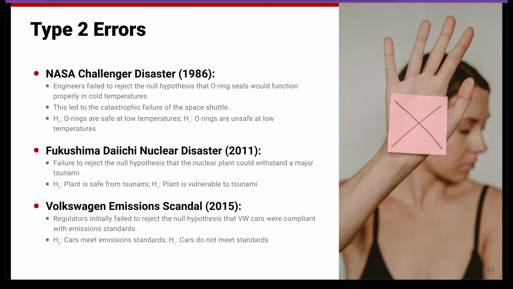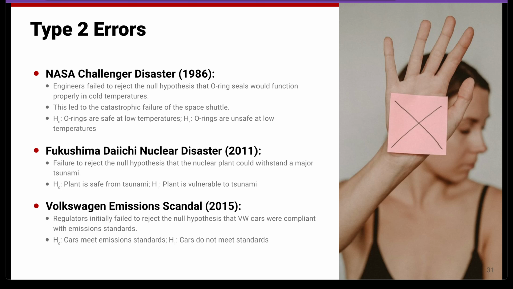Type 2 errors. Now, a type 2 error is basically when we have a false negative. We fail to reject the null hypothesis. And these are all, maybe I should pick something less bad, but basically Volkswagen emissions scandal.